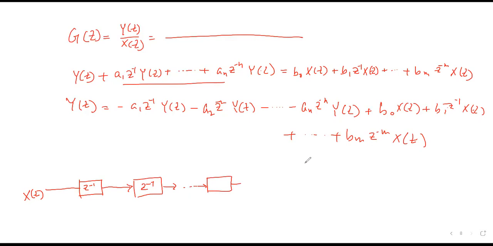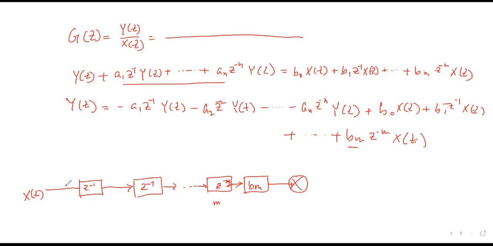The mth one will be multiplied with bm and then added, going to a summing junction.